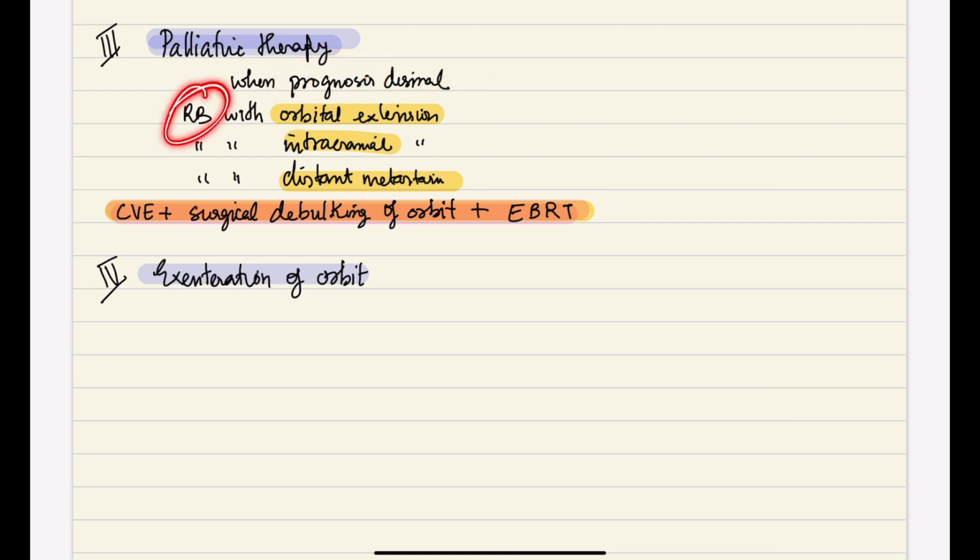Here, for RB with orbital extension, intracranial extension, or distant metastasis, we should give this CVE therapy plus surgical debulking of the orbit plus external beam radiotherapy. Then the last mode of treatment is exenteration of the orbit.